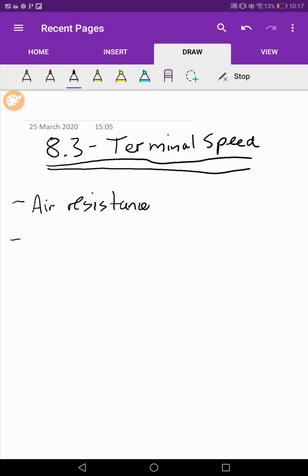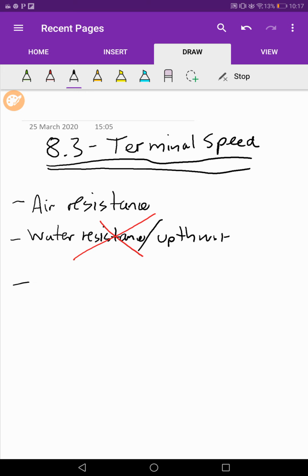we call it water resistance or upthrust. You might have used these terms before. We're not going to use these. Now, we're just going to use the word drag.